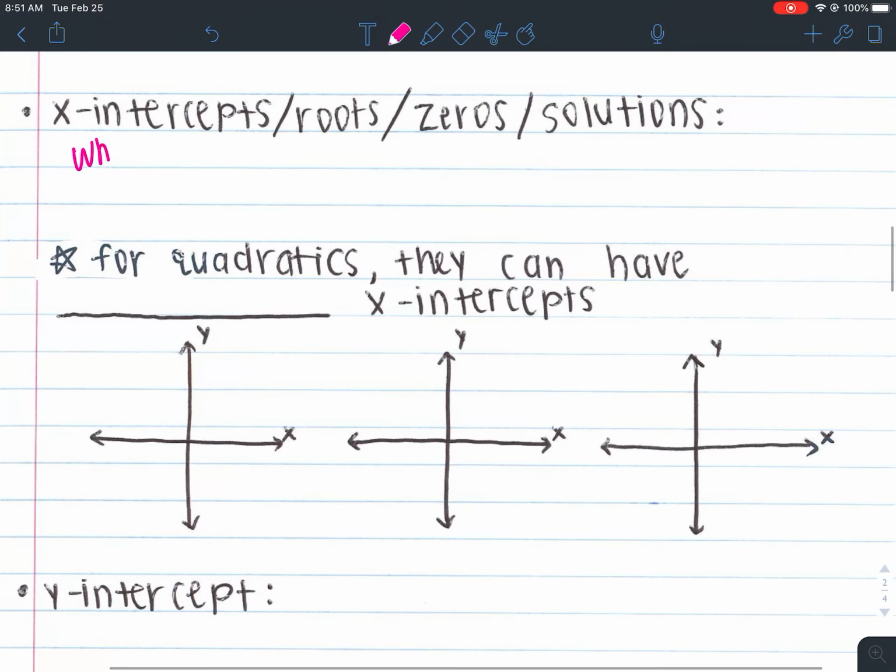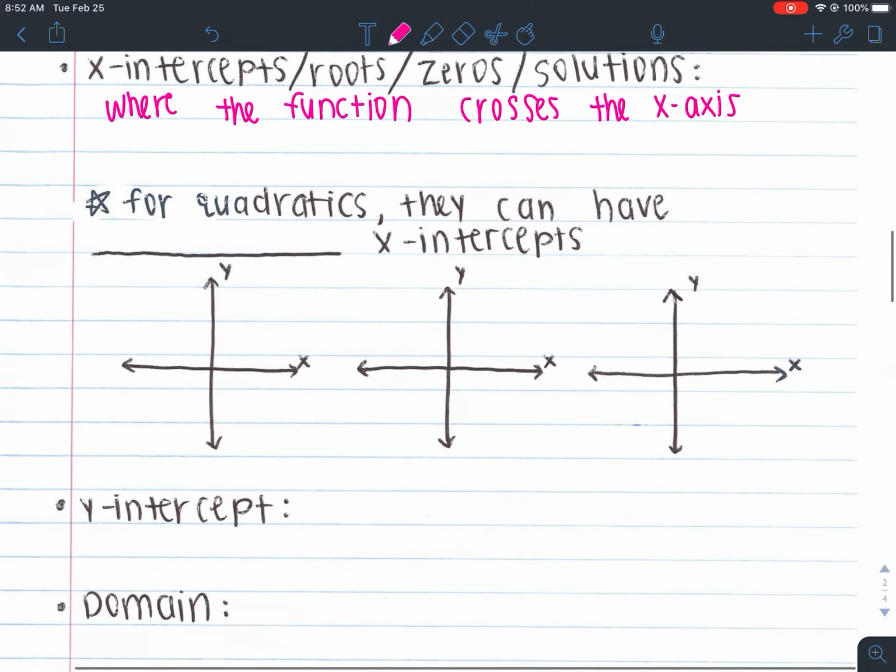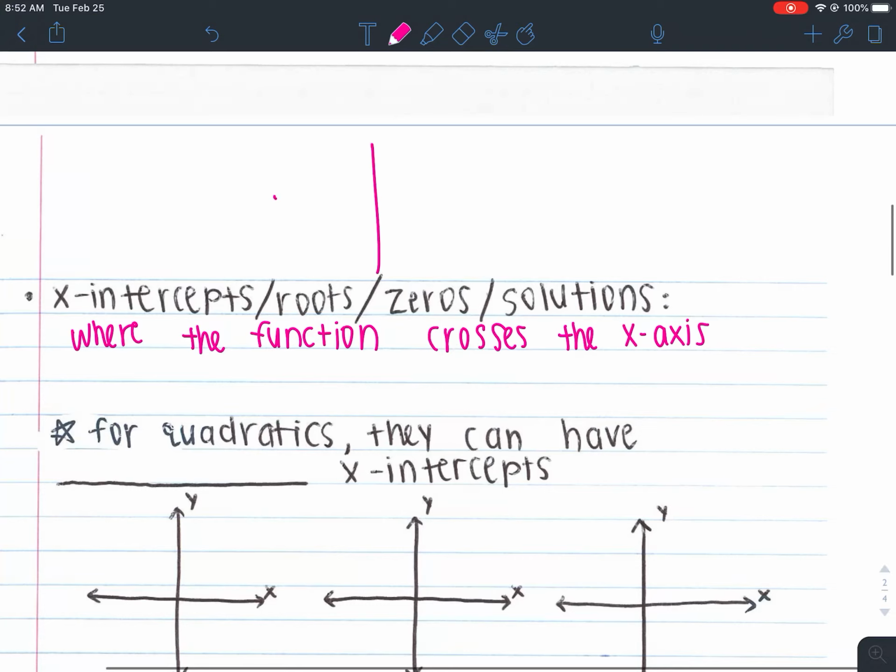So an x-intercept is where the function crosses the x-axis. Okay? Now for quadratics, so back when we had lines, let's go back to lines real quick, and you don't have to draw this, but if I have a line, let's say I plotted this line, right?